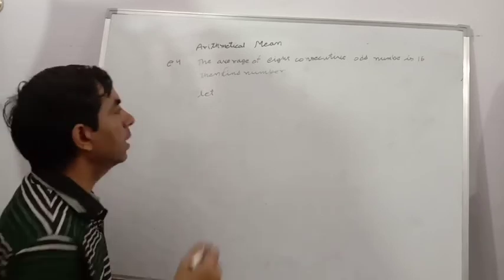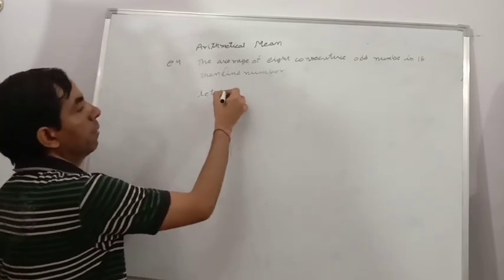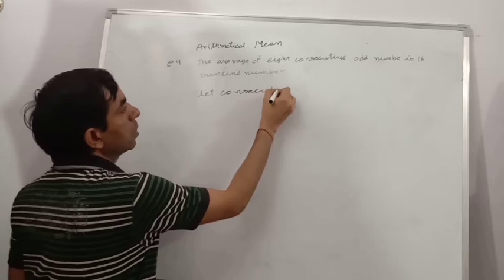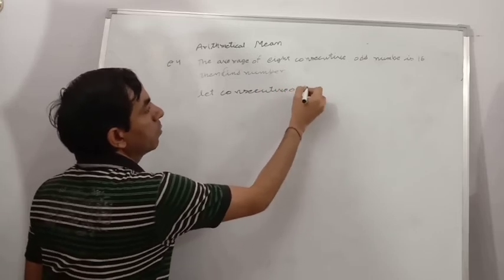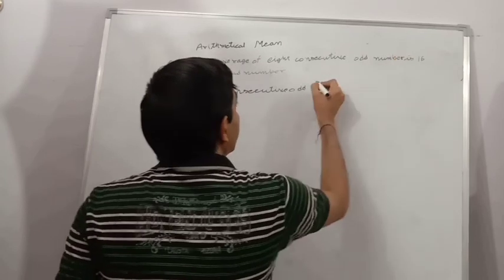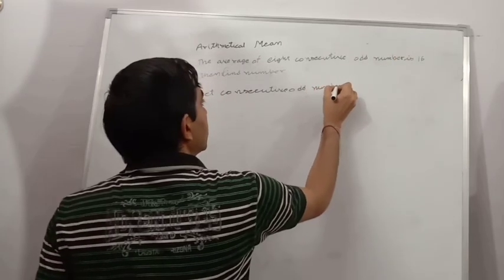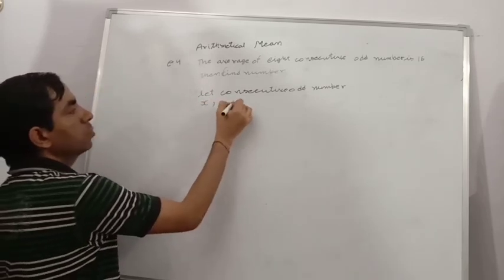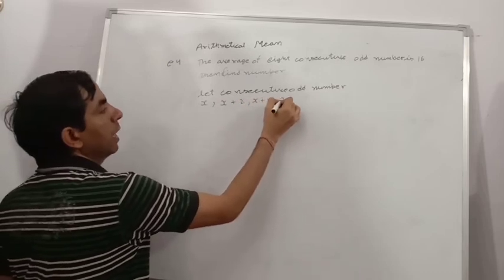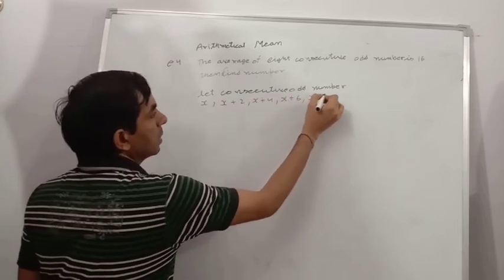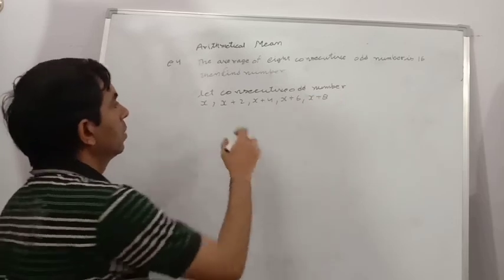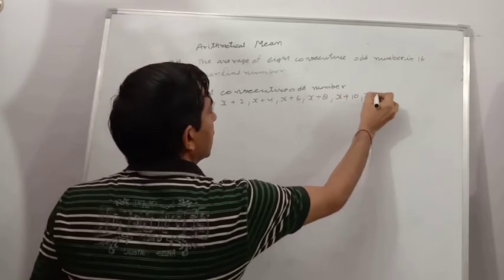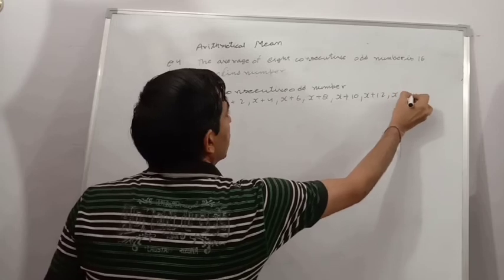So here we let 8 consecutive odd numbers: the first number is x, x plus 2, x plus 4, x plus 6, x plus 8, x plus 10, x plus 12, x plus 14.